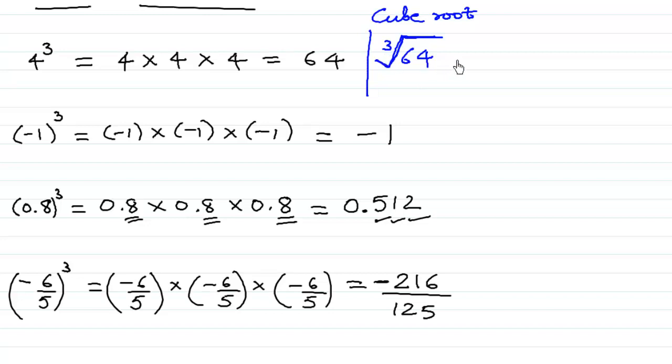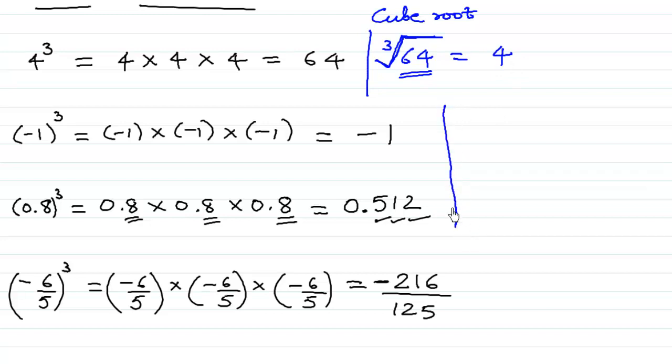So the cube root of 64 will take us back to 4, which means: tell me a number such that if I multiply that number 3 times to itself, I shall get 64. And we know that number is 4. 4 4s are 16, 16 4s are 64. Therefore, the cube root of 64 is 4.